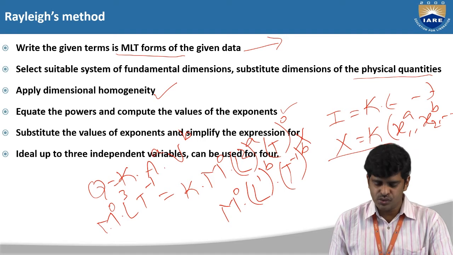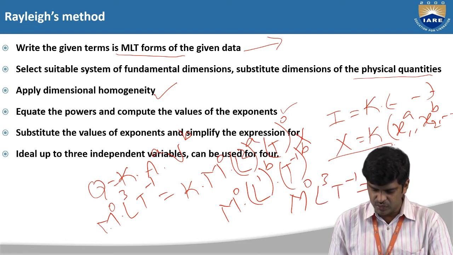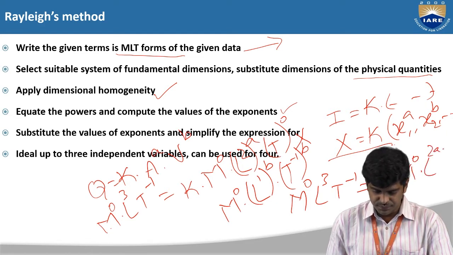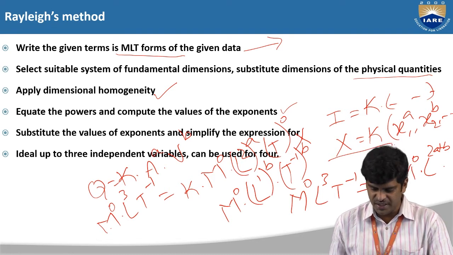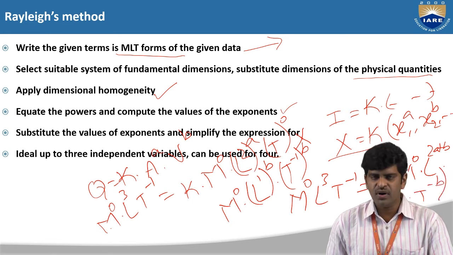But before that, we need to arrange this equation in such a way that it is going to form with respect to a single M to the power of 0, L to the power of 3, T to the power of -1, which is equal to some K into again M to the power of 0, L to the power of 2a plus b. Means we are going to add the exponents of that term since the base is going to be equal, into again T to the power of minus b.